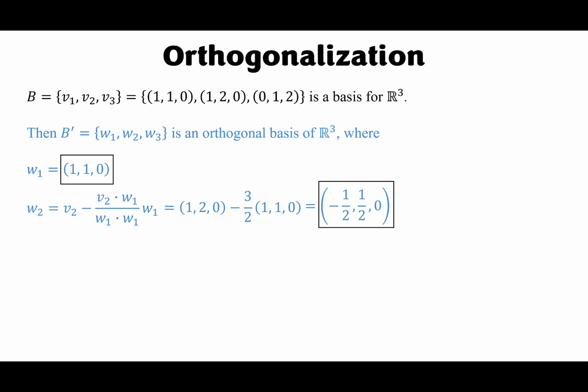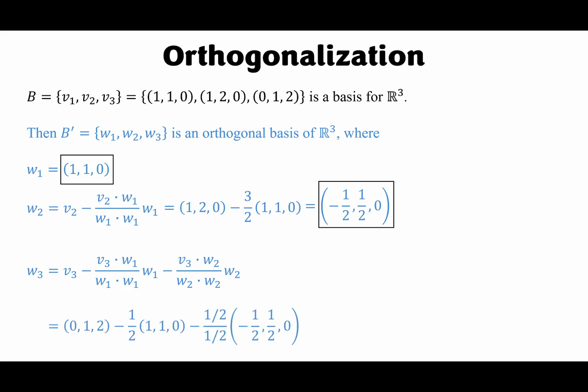Now we still need our third vector, W3, and our formula for that from the Gram-Schmidt process that we derived is V3 minus the ratio of dot products times W1 minus the other ratio of dot products times W2. So those ratios are shown there, and we can compute them. The first one is 1/2, and the second one is 1/2 divided by 1/2. All right.